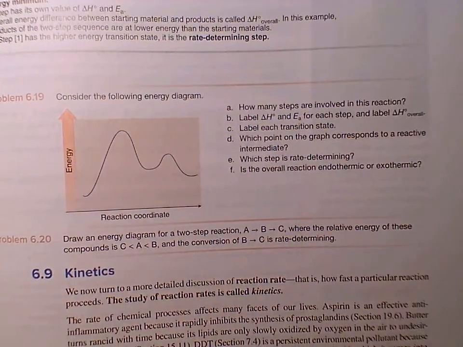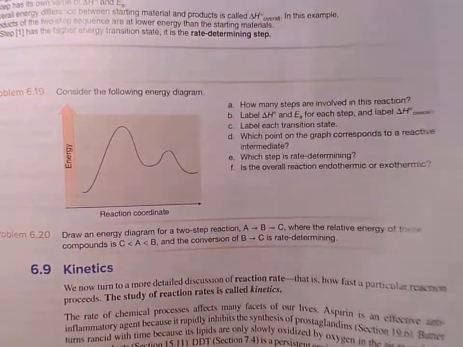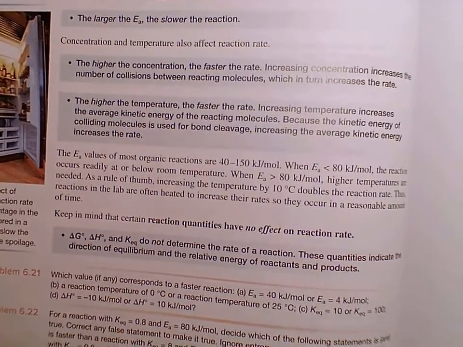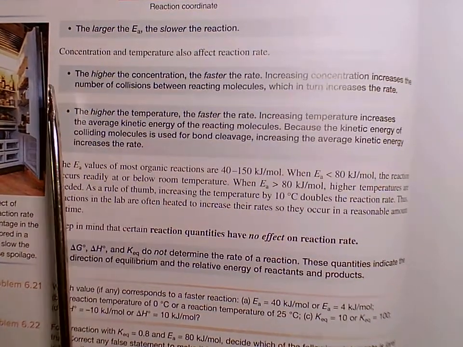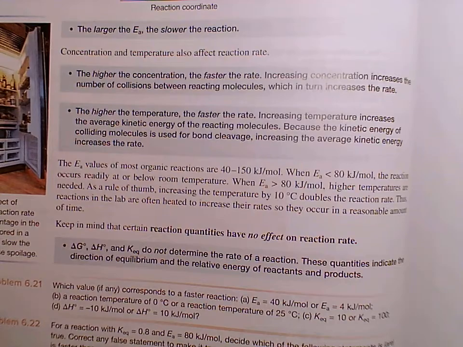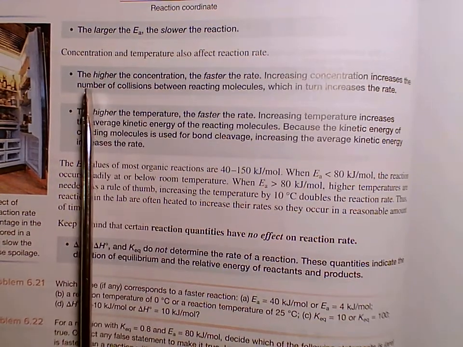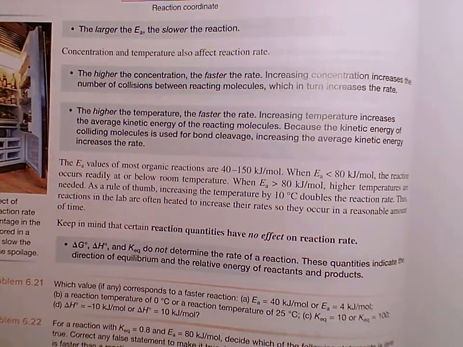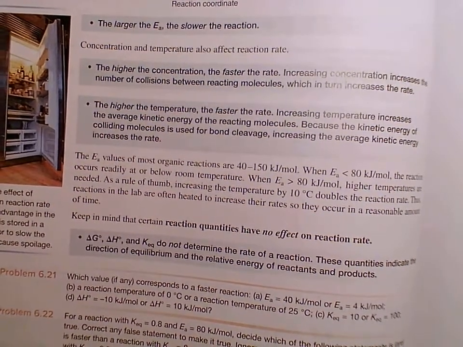Kinetics. We're talking about the activation energy and how fast the reaction goes. Recall kinetics of the reaction. The higher the activation energy, the slower the reaction goes. Now we can increase reaction rate with increasing reactant concentrations. Increasing the temperature increases the reaction rate.